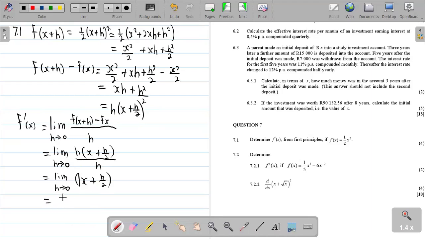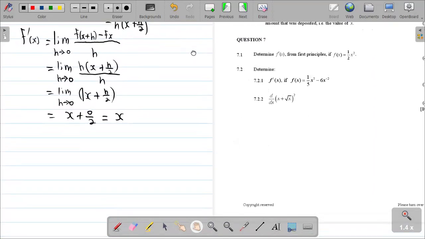So we can say this is equal to x plus 0 over 2, which is equal to x. So that is f prime of x, I mean to say.